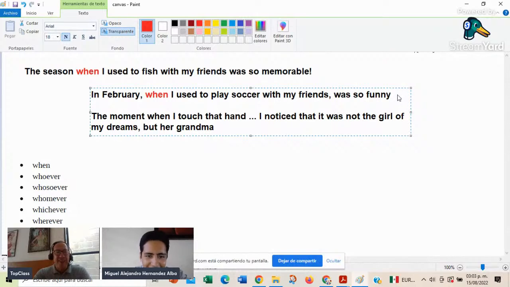The moment when I touched that hand, I noticed that it was not the girl of my dreams, but her grandma. Can you read it, Mickey, please? The moment when I touched that hand, I noticed that it was not the girl of my dreams, but her grandma. Well, it's funny.